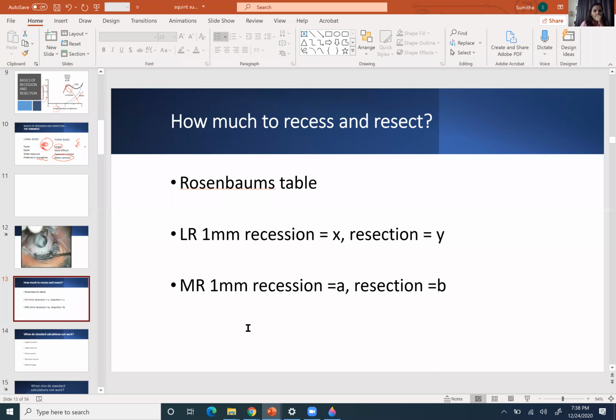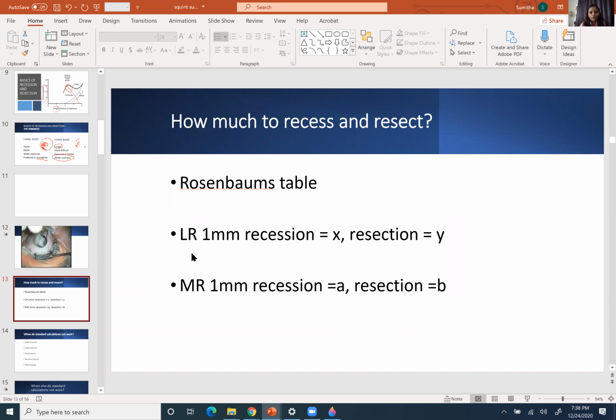Okay. So coming to how much to recess and resect, I follow Rosenbaum's table. If you see the last few pages of Rosenbaum's book for squint surgery, there you will find a table which gives values for recession and resection, how much you should recess for this much amount of deviation. So I follow that.